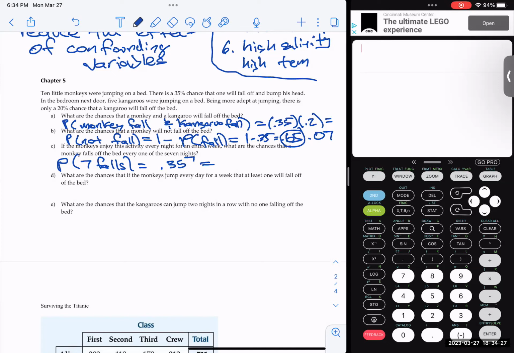Desiree says 0.00064. Desiree, that is perfect. Thank you. Yes. So I mean, this is what you should expect. Monkeys are probably very good jumpers, I would think. Probably not careful, but very good. So very low chance of that happening every night.